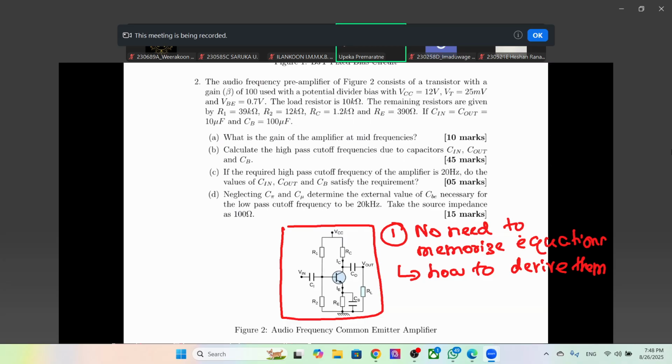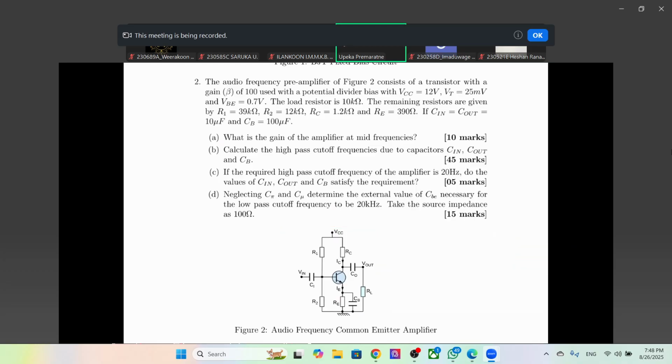Okay, so we'll do this. This is not a very difficult question. So we'll get the AC circuit. When we do it for low frequencies, T model, we have a constant current source, RC, and this is grounded.